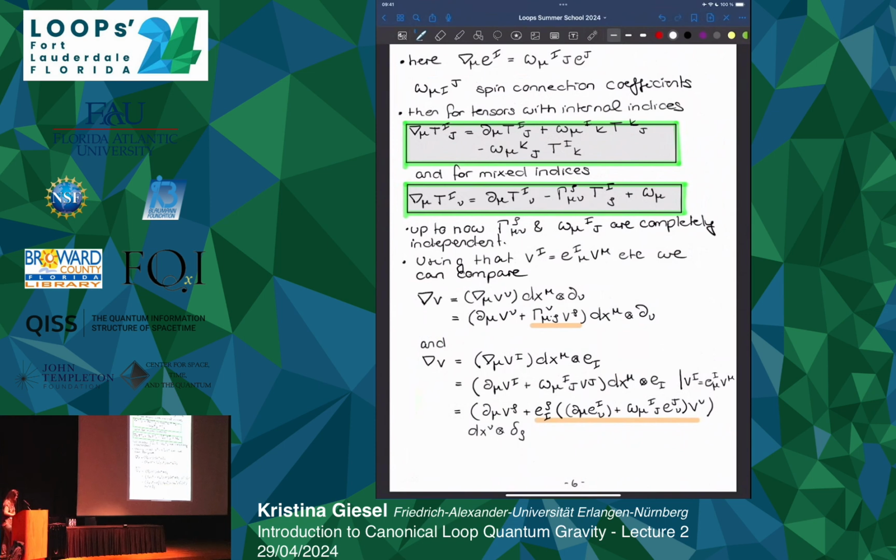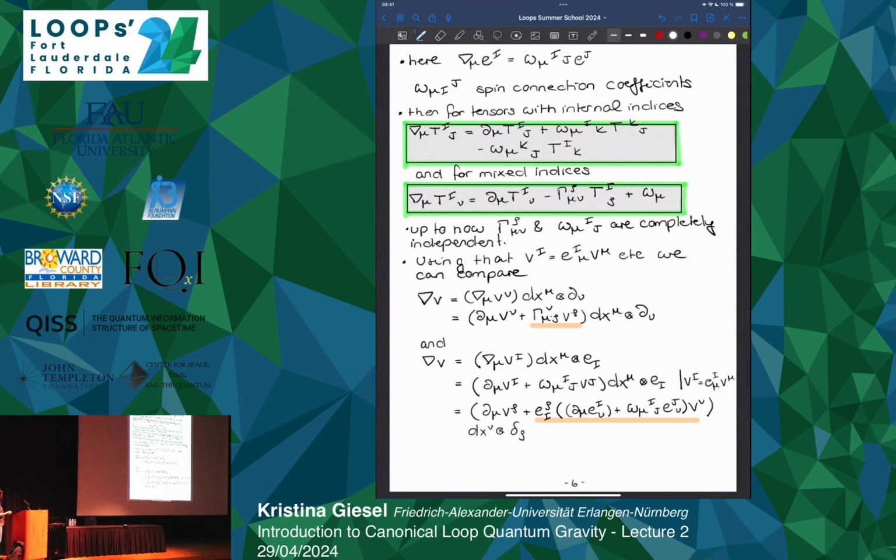Now, if you apply a covariant derivative on an object with internal indices, you see there is the standard spatial derivative contribution. Then there is a contribution for the upper and lower internal index. And if we have a mixed tensor which has space-time and internal indices, you get basically both contributions, one from the Christoffel and one from the spin connection.